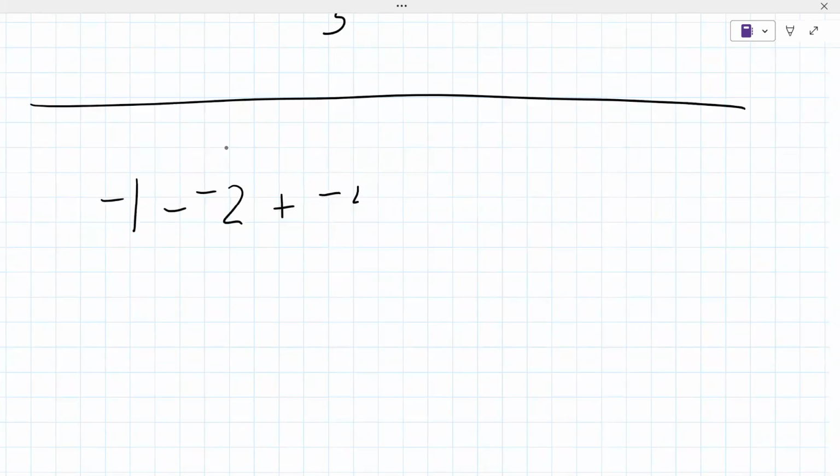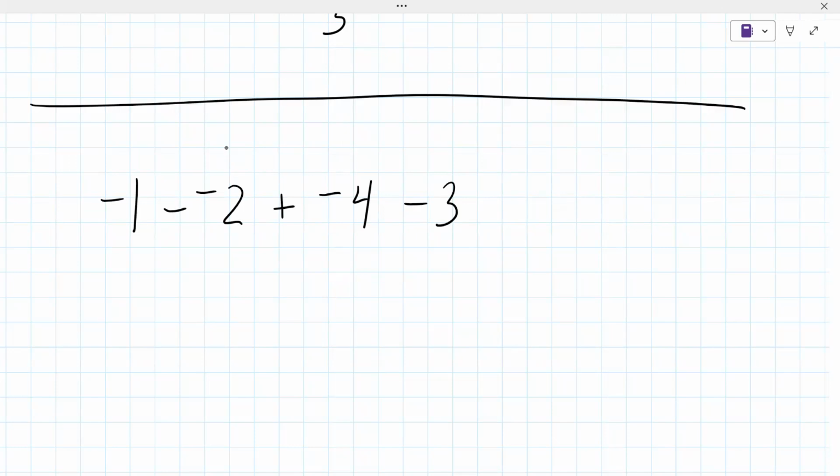-1, subtract -2, plus -4, subtract 3. Okay, give that a try, please. -4, subtract 3. These two are the same, so -4 plus 1 is 5.